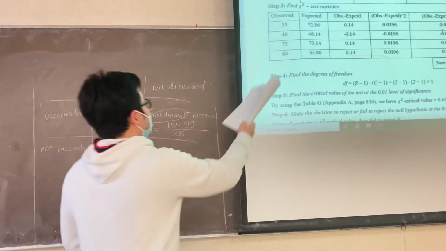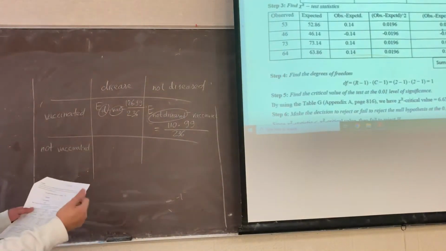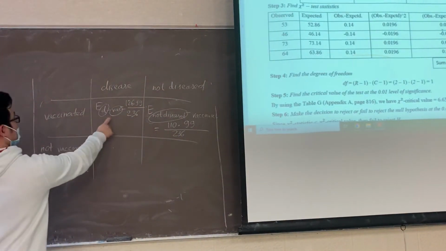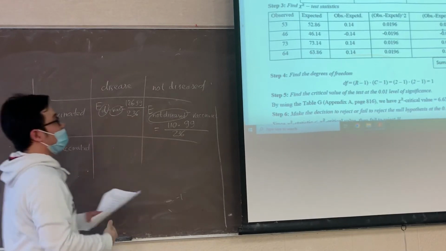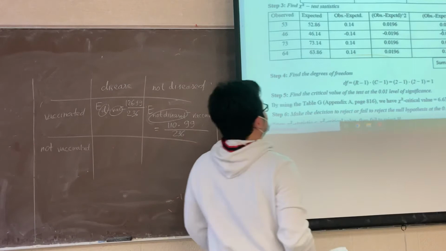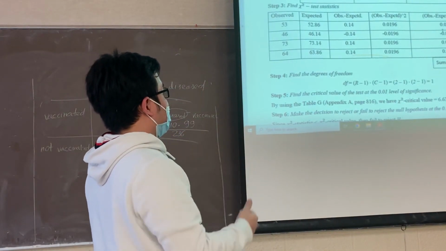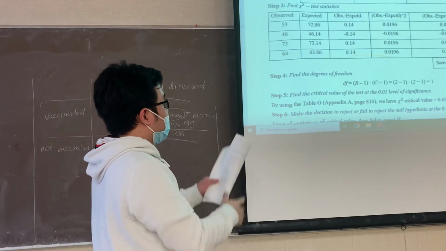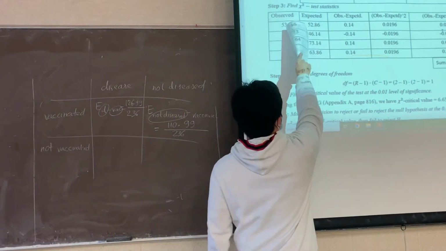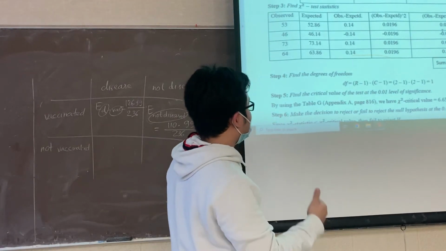The expected count here is calculated by this value, so we put it in the column like this. Then you find the difference between the observed count and the expected count. That is 0.14.